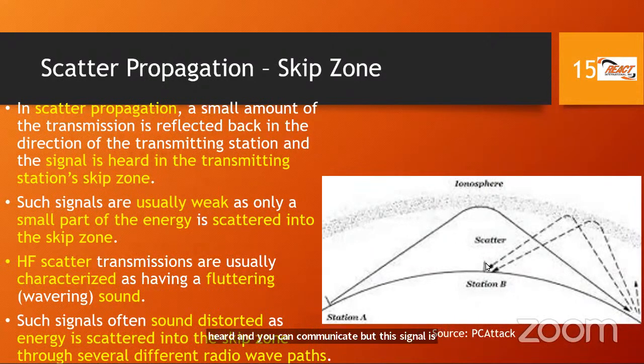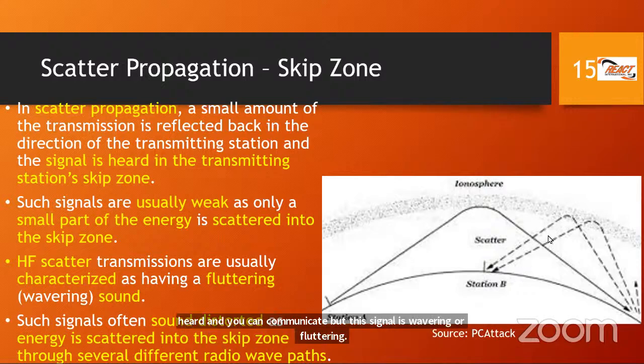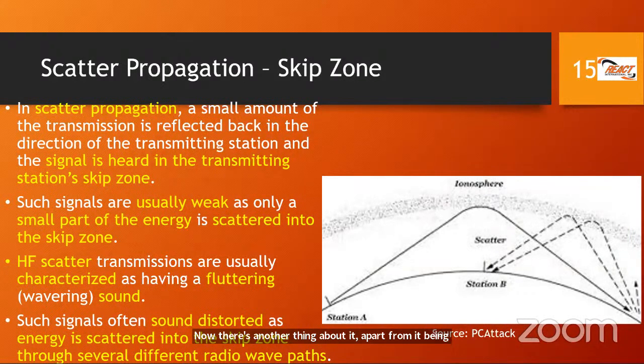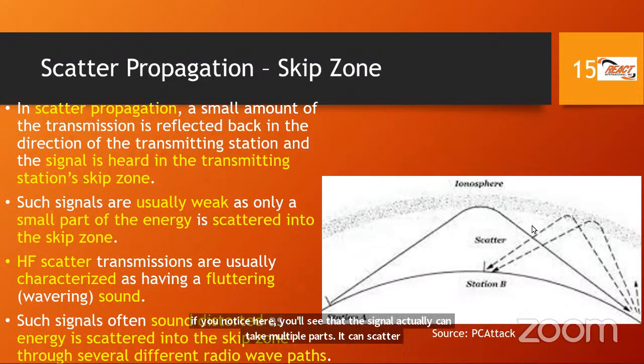Now, there's another thing about it. Apart from it being wavering or fluttering, it can also be distorted. Why? Because if you notice here, the signal can take multiple paths. It can scatter one way like this, and it can also scatter like this. When it scatters twice, that signal is reaching here through different paths. This is path 1, it's reaching via path 2 as well, and it's reaching at slightly different times.